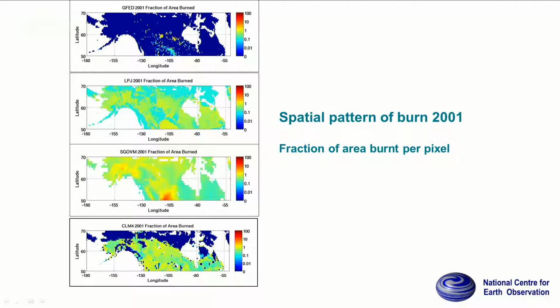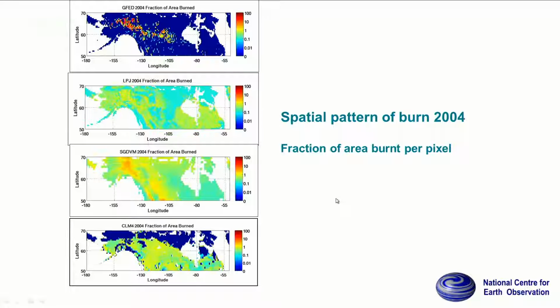And what you'll see is that in the observations, fire is a very spotty event, distributed or dotted over the landscape, whereas from the model, it's a very smooth thing. And it turns out that in the Sheffield model, we have quite a lot of activity down here, which sort of matches that. Now, this is 2004.